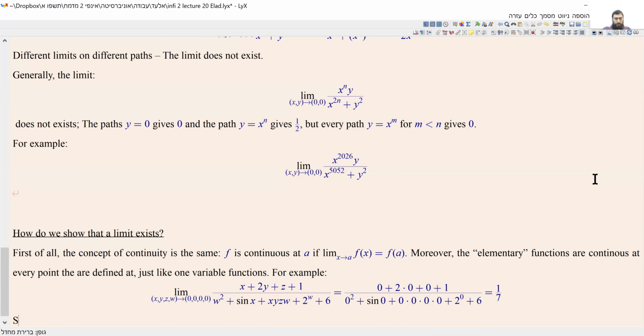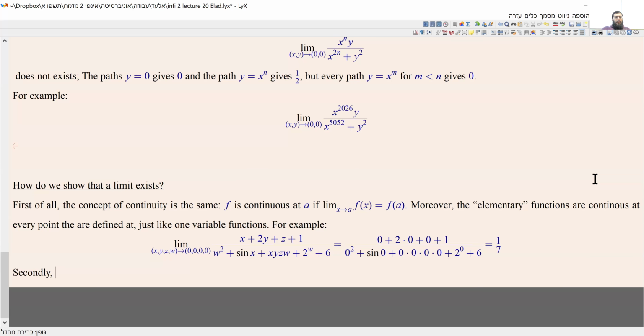Secondly, if we can substitute, so write it down.